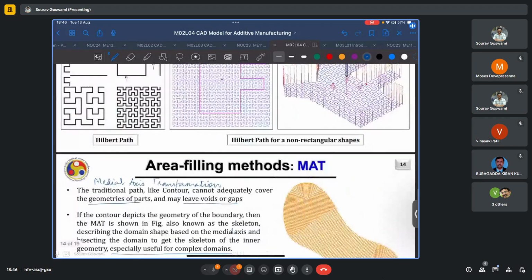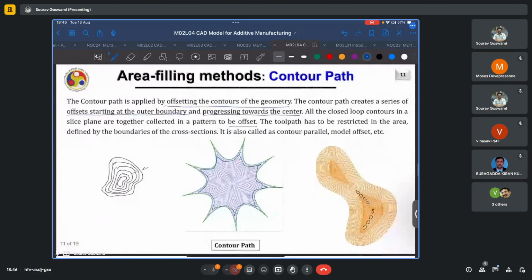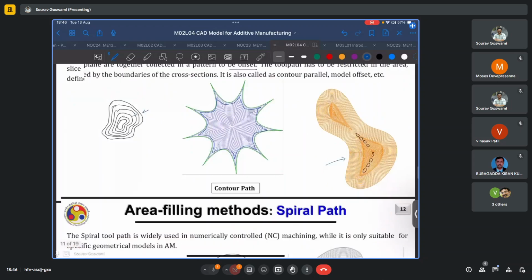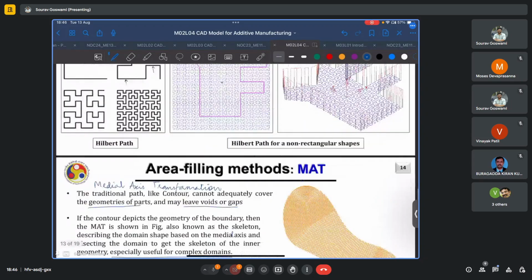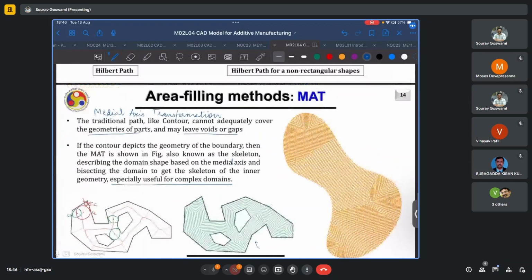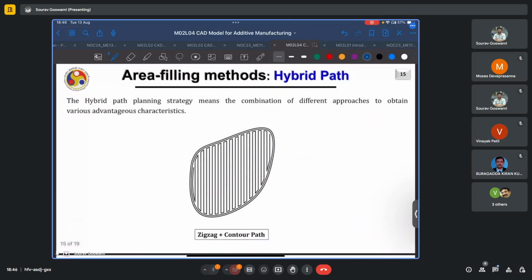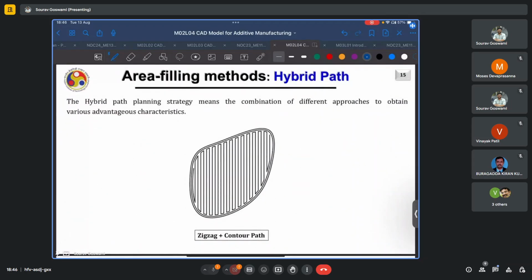Yes, so the same geometry, which had certain voids when filled using a contour path or contour parallel technique, when filled with a medial axis technique, we can see that the number of voids has been minimized. The most versatile, of course, will be a hybrid path where you combine two or more techniques to come up with a toolpath plan.